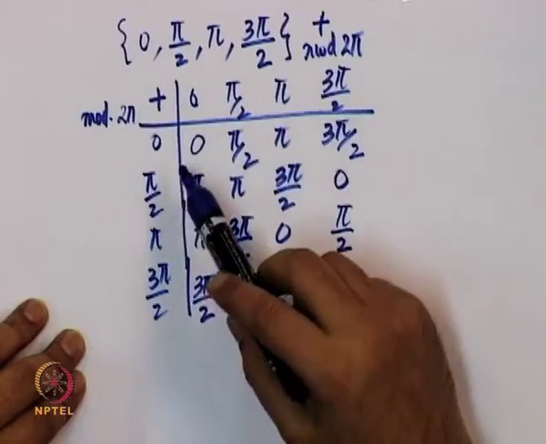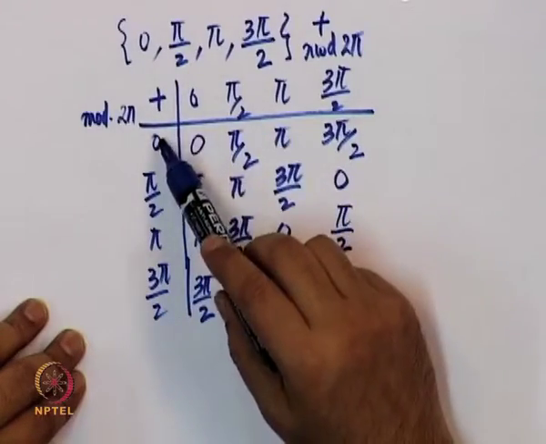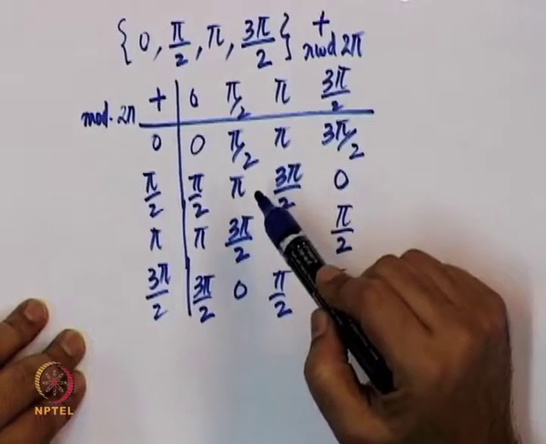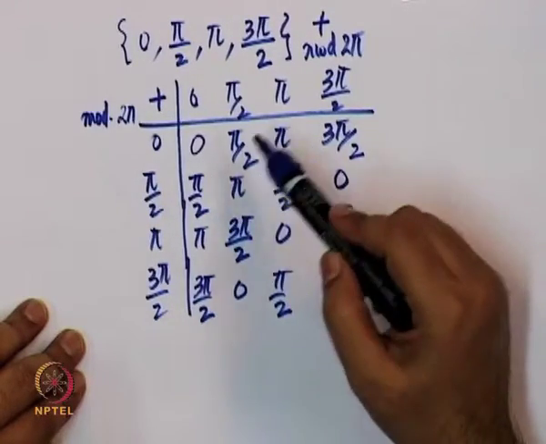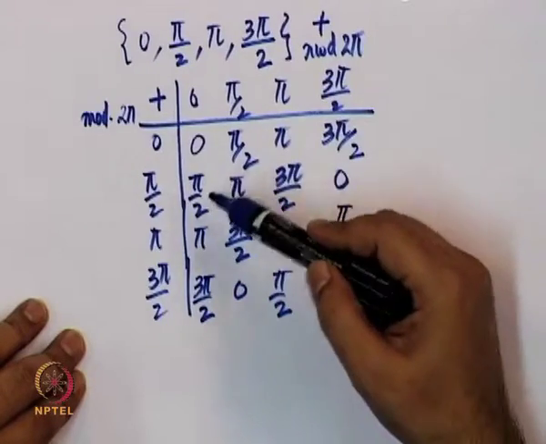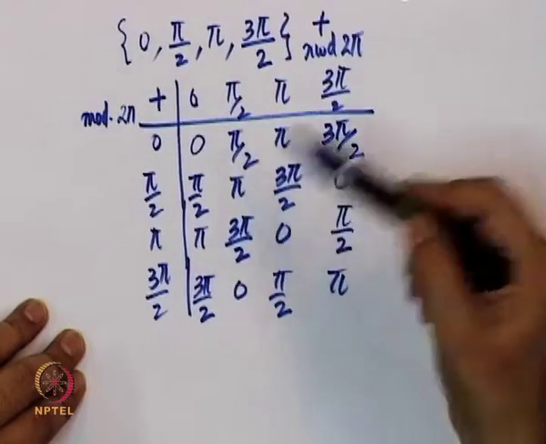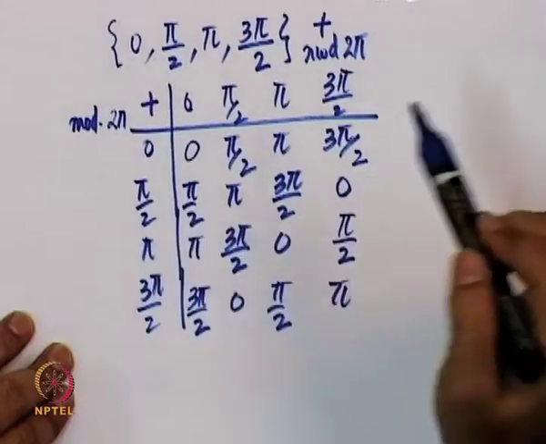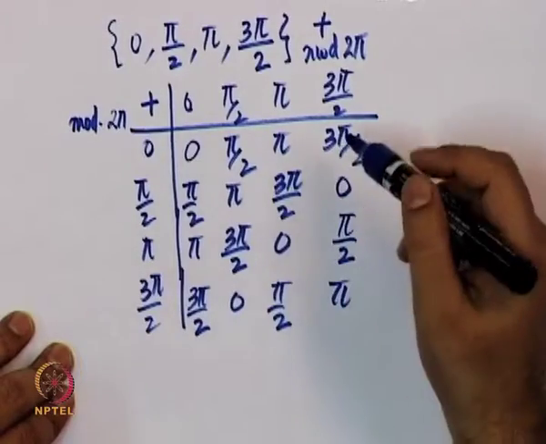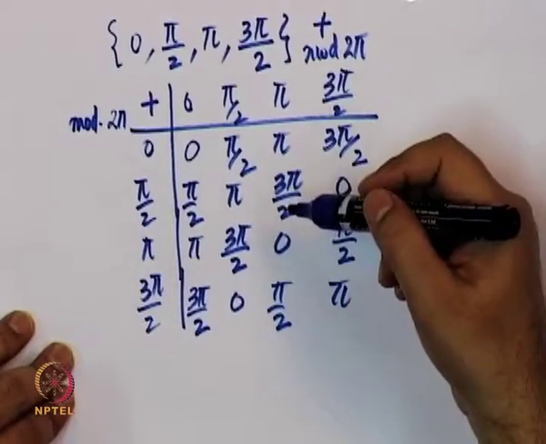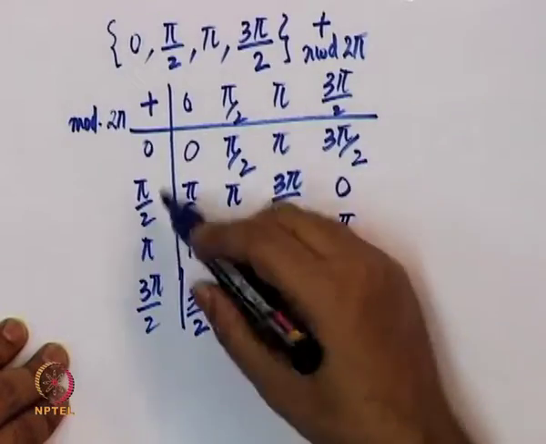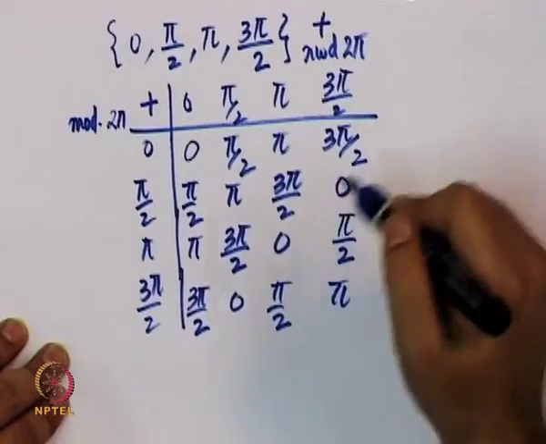For every element, for example, if you add 0, you get the same element back, and for every element you can find an inverse element, which if you add to the element you will get the unit element, which is 0 in this case. Okay. So, this is another multiplication table which has all these properties.